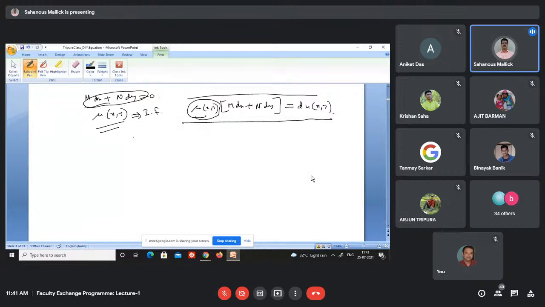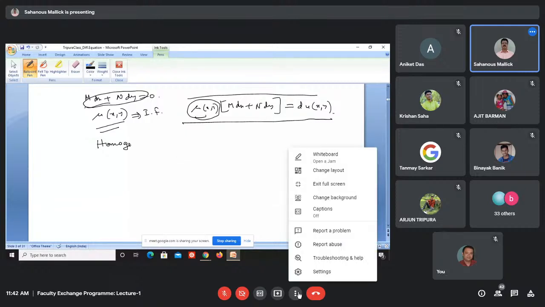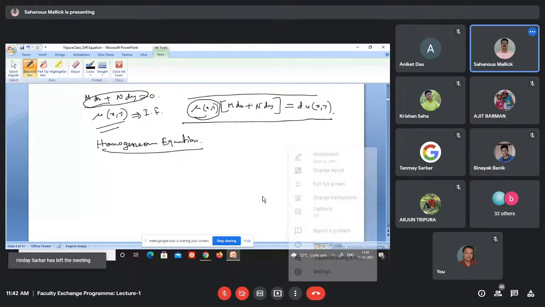And before going to the study of the rules, we first have to study the homogeneous equation.